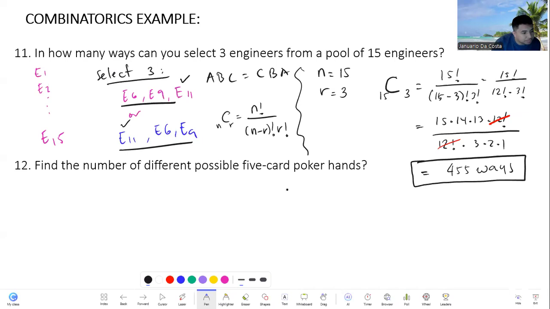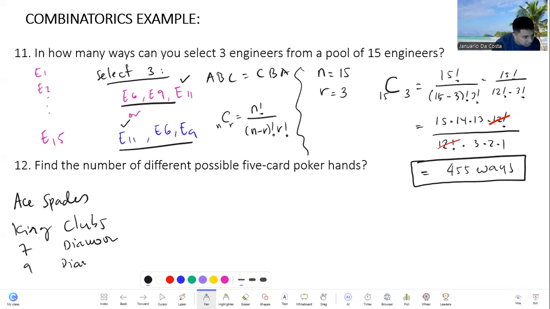Find the number of possible 5-card poker hands. Okay, this is a combinatorics problem, or a permutation problem? For example, ace of spades, king of clubs, 7 diamonds, 9 diamonds, and jack of hearts.